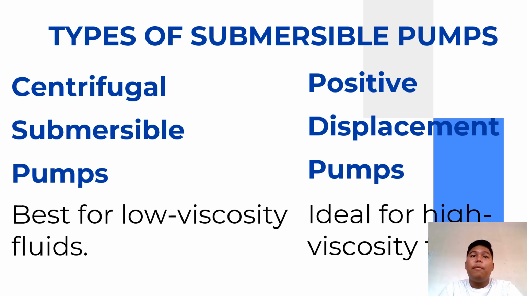They use centrifugal force to move the liquid. Second is positive displacement pumps. They are highly ideal for high viscosity fluids, for example oil. They work by trapping a fixed volume of liquid and forcing it through the pump.